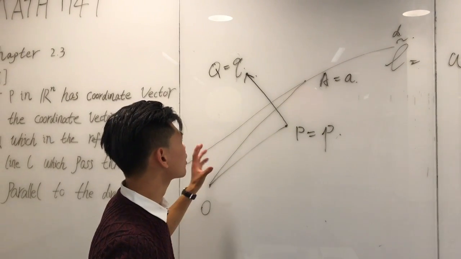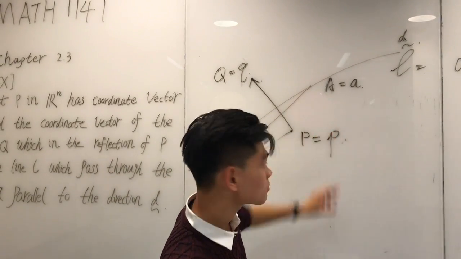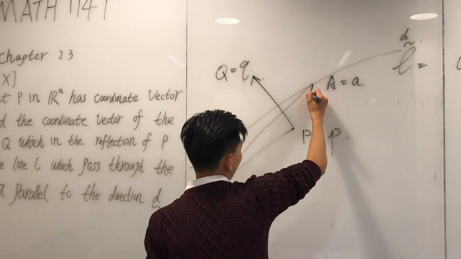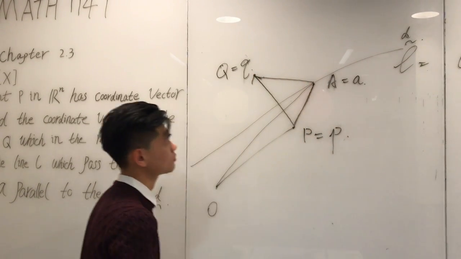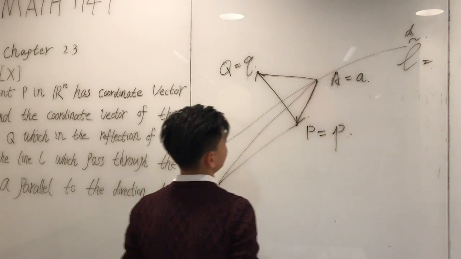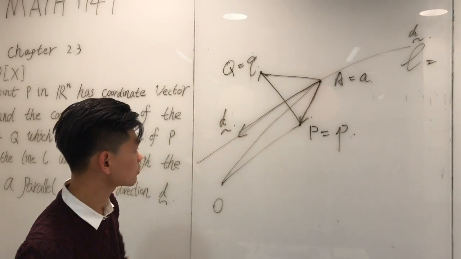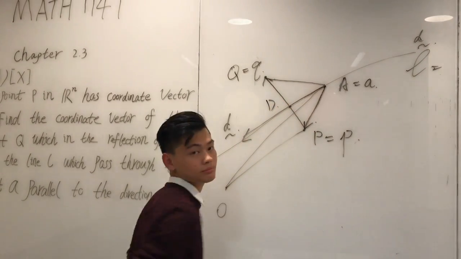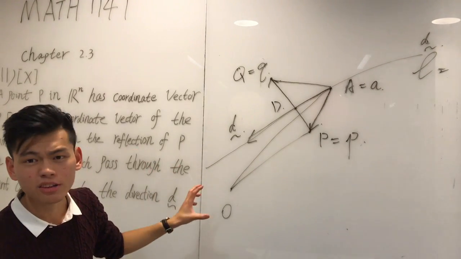So this is our basic strategy. Now let's see how we are going to find PQ. Don't forget, we have another point A. Now you can see something. Here is a line with direction D. Now, can we find the vector PD?